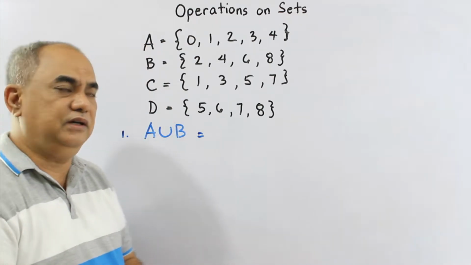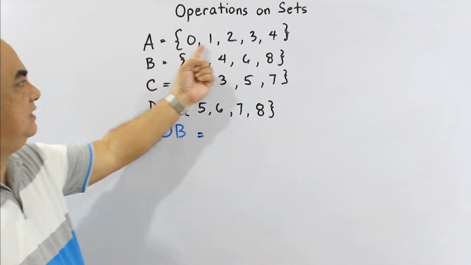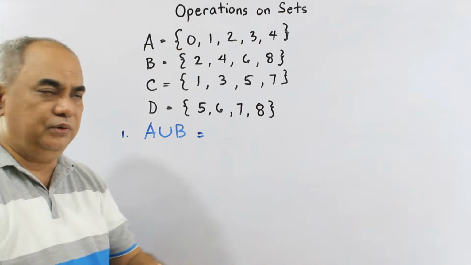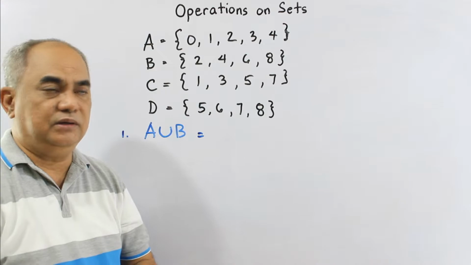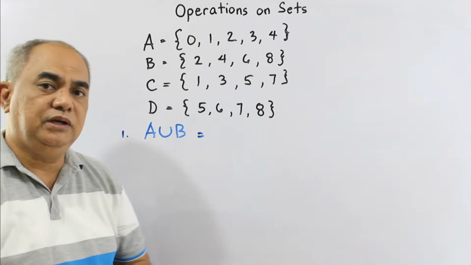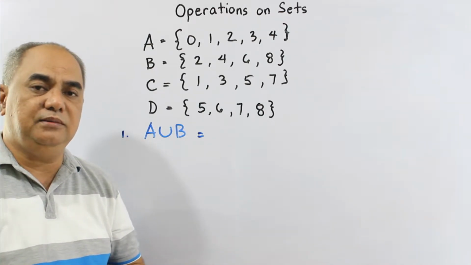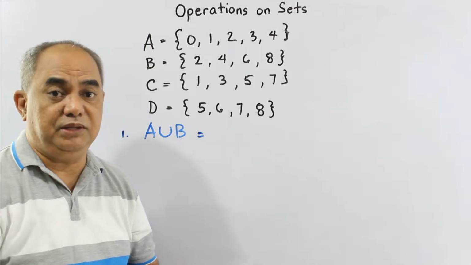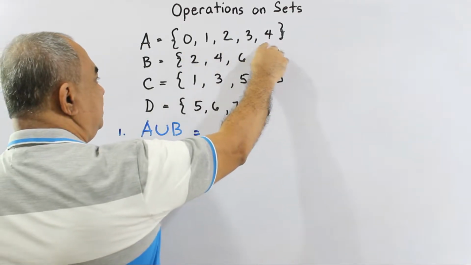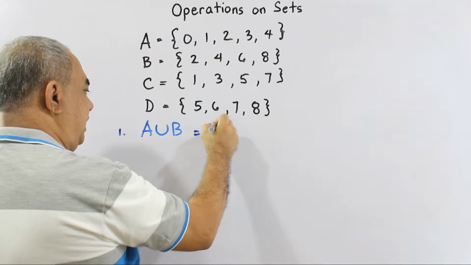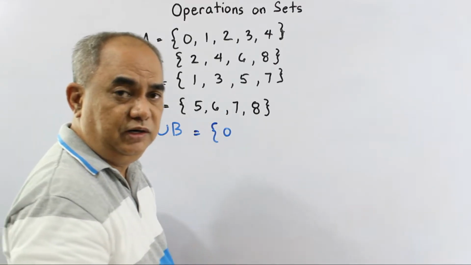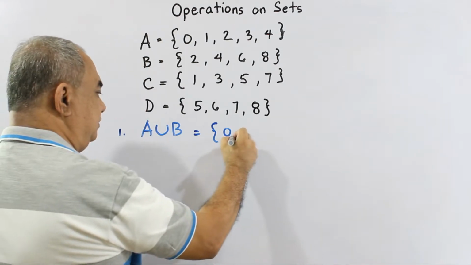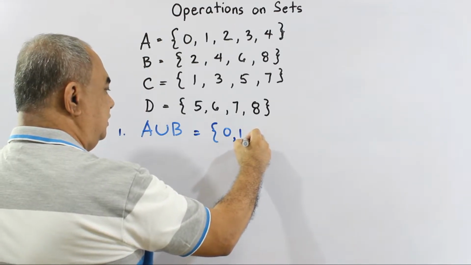What we mean here is all the elements in set A will be put together with the elements of set B. However, if there are 2 similar elements, we are not going to repeat them anymore. Combined, we will have 0. We will start with the smallest going to the largest number. 1, 2.